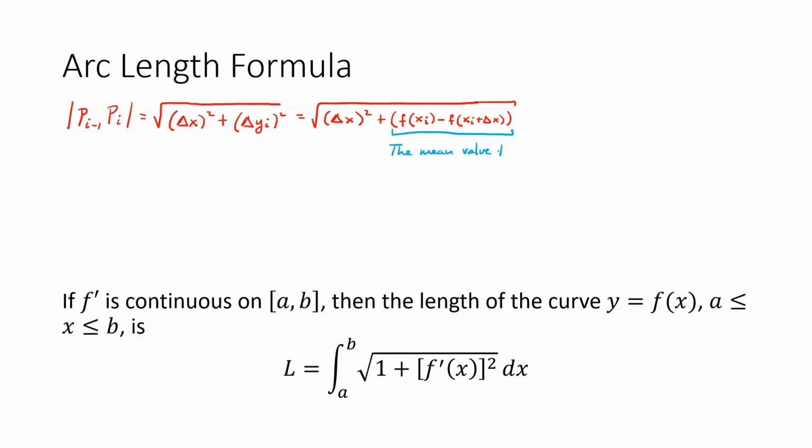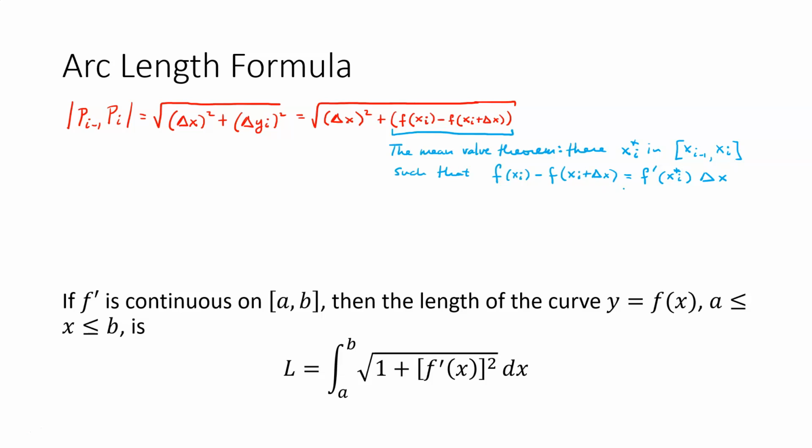which asserts that there is some x_i star in the interval from x_{i-1} to x_i such that f of x_i minus f of x_i plus delta x is equal to f prime of x_i star times delta x.